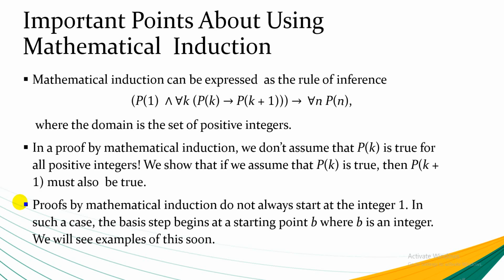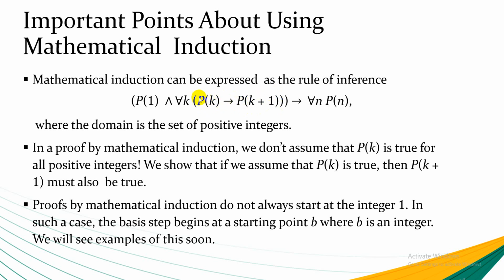Okay, but also to express this mathematically as the rule of inference, it's this way: P1 is true, and this is the first condition. If you prove that this is true, then you prove that for all k, Pk true implies Pk plus 1 true. So given that Pk is true, you prove that Pk plus 1 is true.